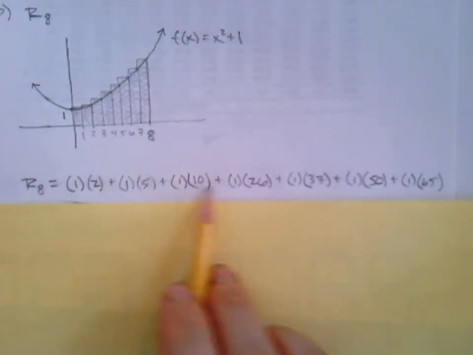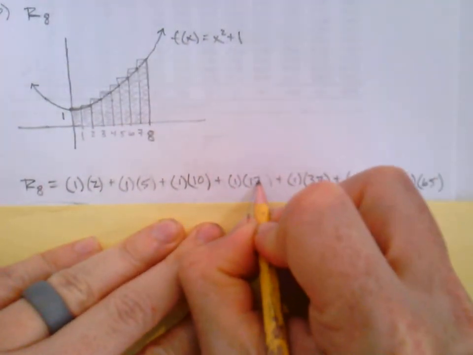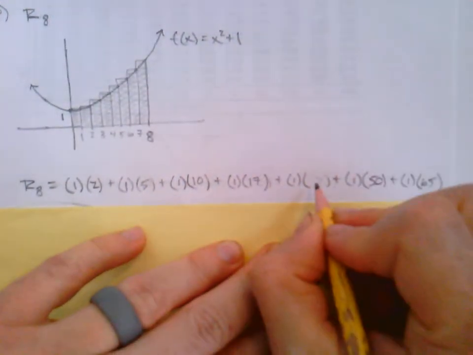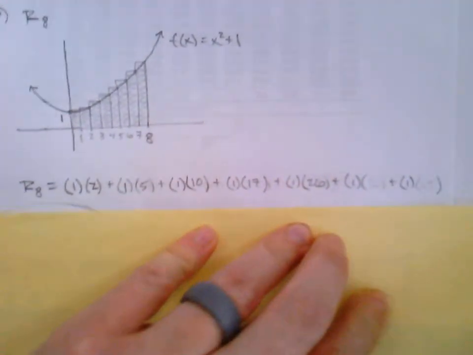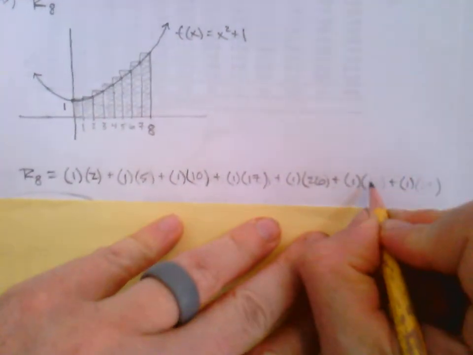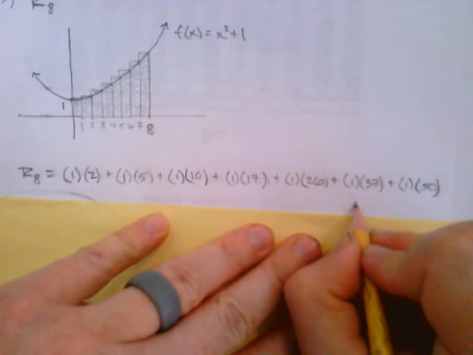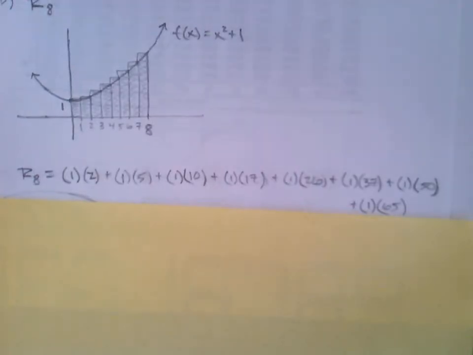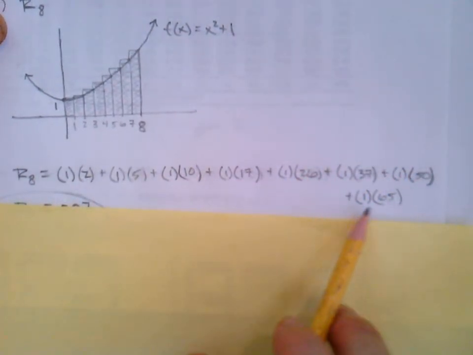So I got 1, 2, 3, 4. At 5, it's 26. Aha, I missed that one. That's what happened. So we got 1, 2, 3, 4, 5, 6, 7, and then I need one more. 1 times, and at 8 it's 65. Okay, so I think I probably have a flaw in my final answer there, but do we have 8? 1, 2, 3, 4, 5, 6, 7, 8.